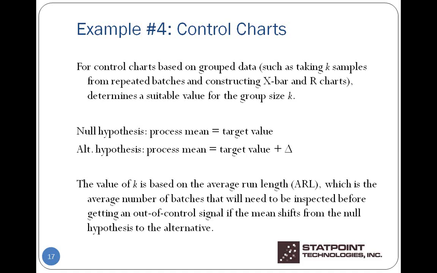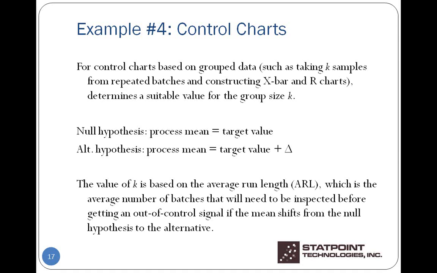Now, I'm going to formulate it in the following way. I'm going to first set down the null hypothesis. The null hypothesis is going to be the process mean is equal to my target value. Think about yourself running a process, monitoring it in real time. If you're doing what you're supposed to be doing, you've got the mean set at some target value and you're just humming along.